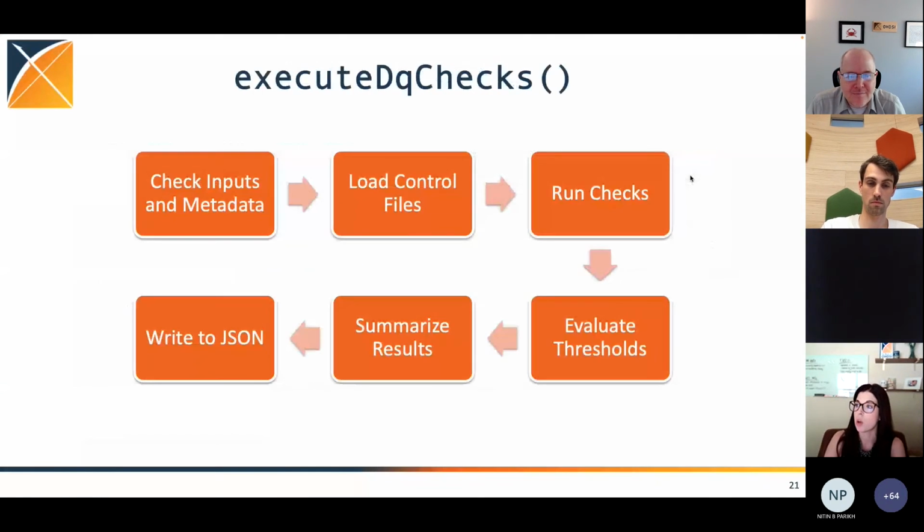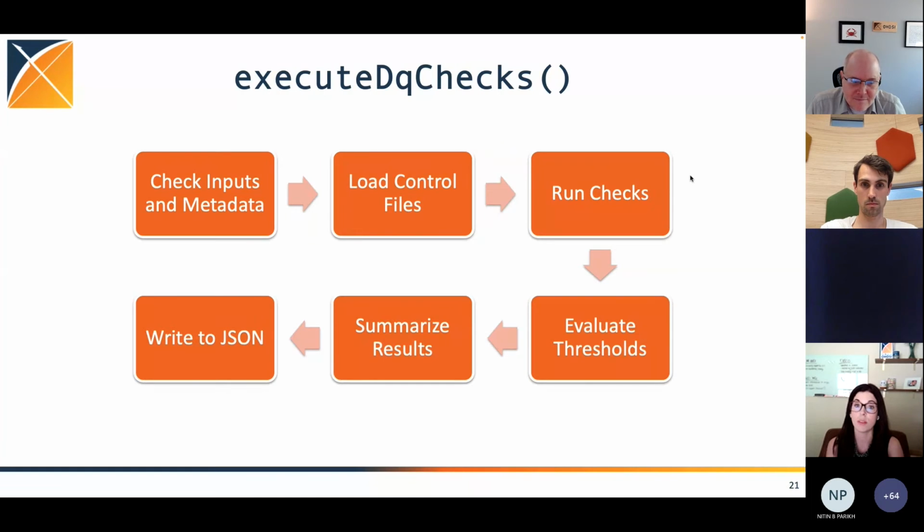Okay. So once that's done, and you have all this background knowledge, the execute DQ checks function puts it all together. What that function does is check your inputs and your metadata.